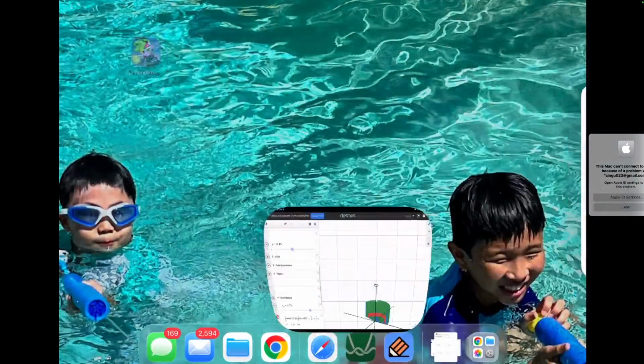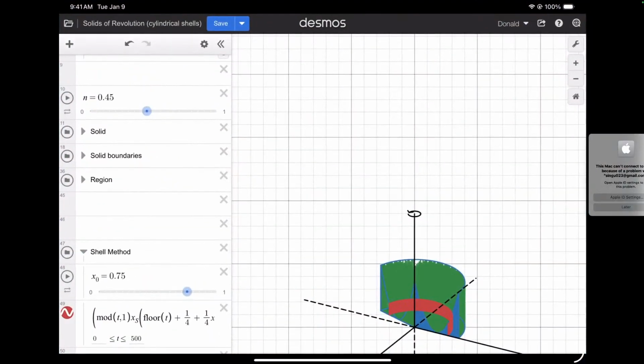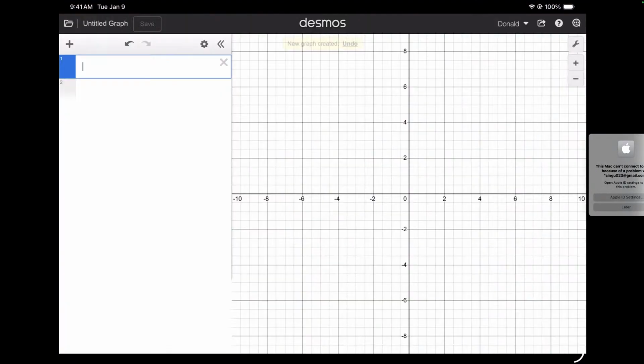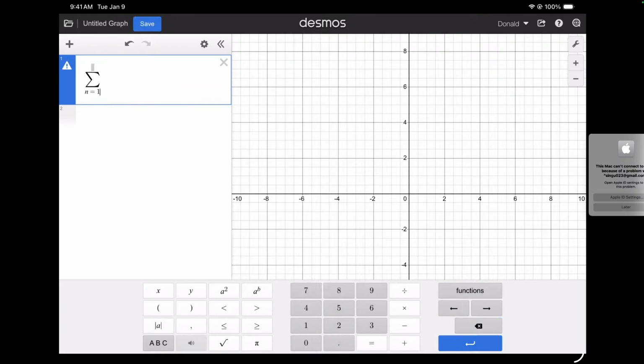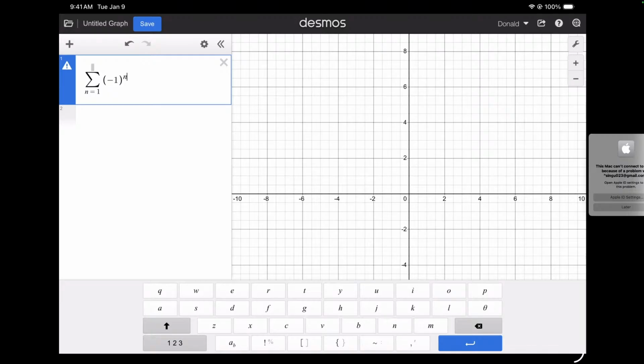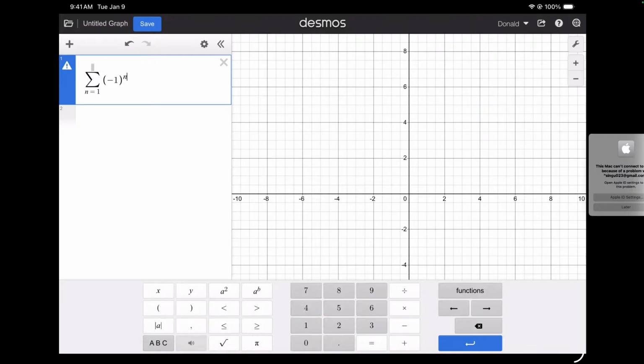Does anybody remember the sine function as a power series? It's negative 1 to the n, times x to the 2n plus 1, over 2n plus 1 factorial.